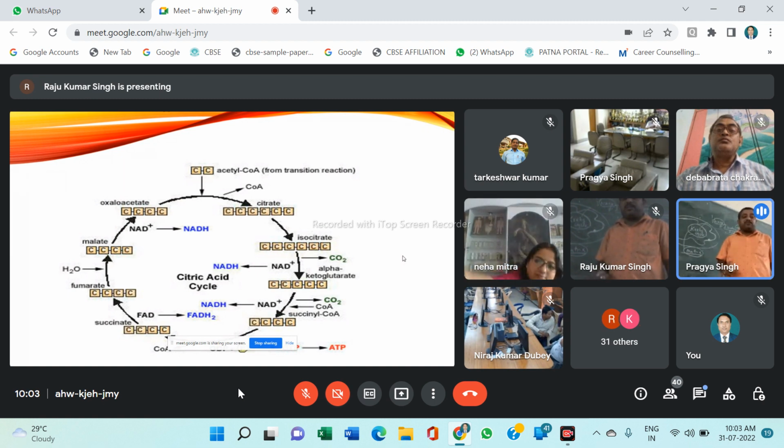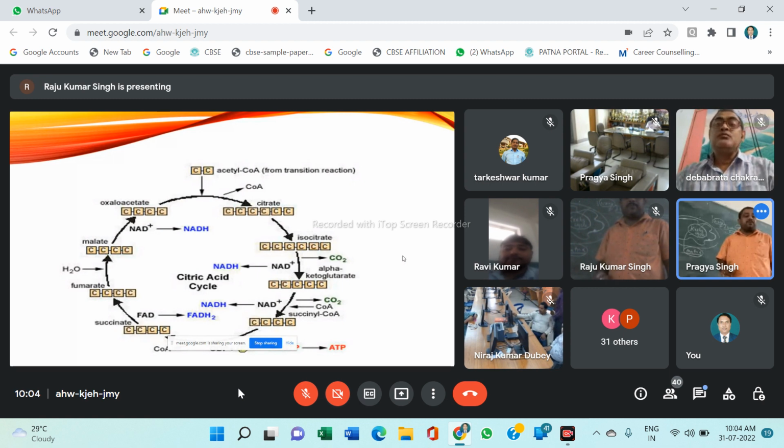So one substrate level phosphorylation, and formation of NADH: one from isocitrate to alpha keto to succinyl CoA, so 2 NADH here, and the final formation of NADH is when malic acid is converted into oxaloacetic acid or oxaloacetate.